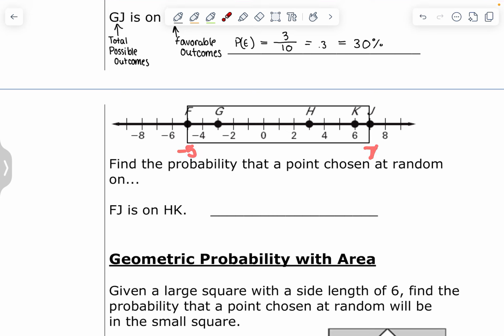And so the distance between them is 12. And HK is still 3. And so the probability that this event will occur is going to be 3 over 12, which is 0.25, which is 25%.